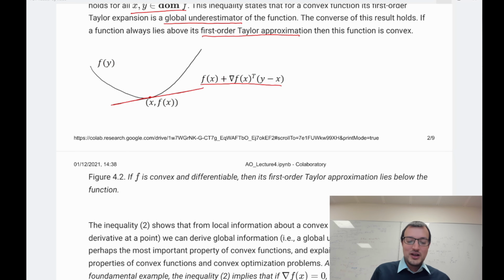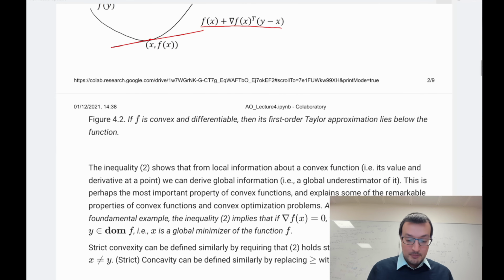So we are checking just convexity at a point, but actually we got a global estimator, something that we know for sure is always below our function. And there is another implication of this fact that is very important.